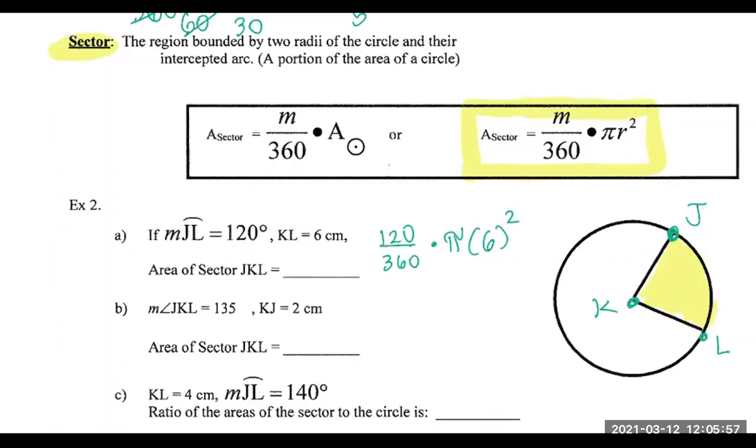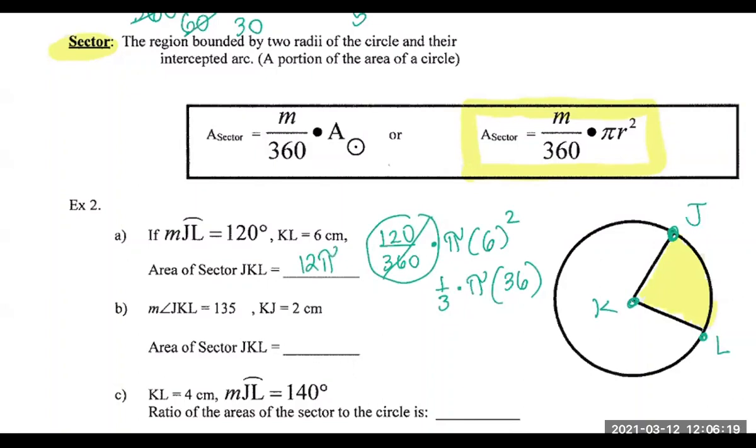If you look at the picture, it's not drawn to scale, but 120 over 360 reduces to 1/3. So it's saying, what's a third of the area? So a third times 36 pi. So 3 goes into 36 12 times. You got 12 pi is the area of that sector.